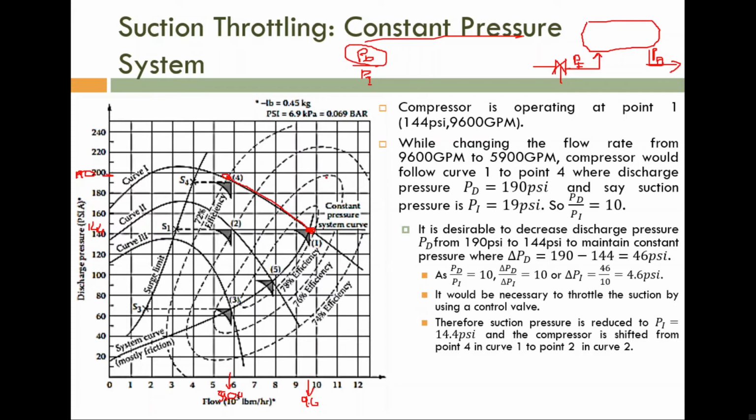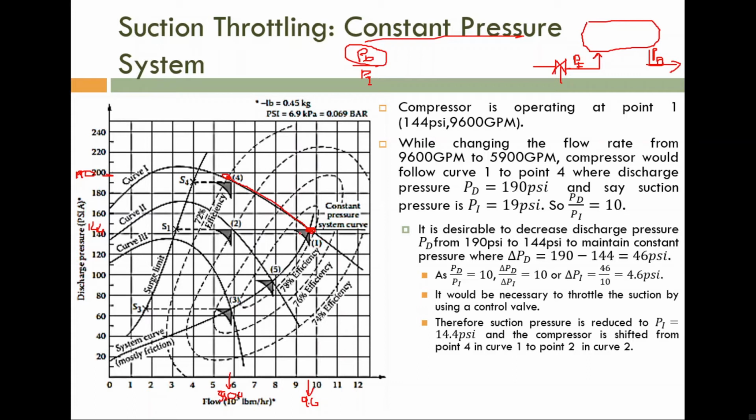So here, what I am trying to say is, this is operating point. Current operating point is this one. That is 144 psi, 9,600 gallons per minute. Due to some reason, the flow is changed. So if flow is changing, definitely compressor will follow its curve. So currently operating point 1 is lying on curve 1.